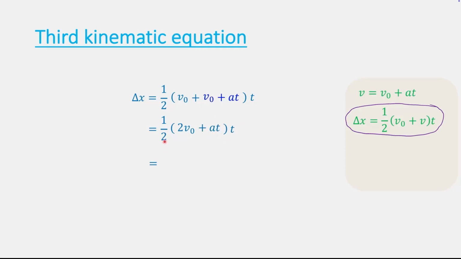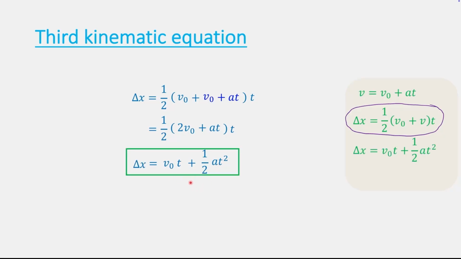Remove the parentheses using the distributive property. 1 over 2 times 2v0 times t is v0t, plus 1 over 2 times at times t is 1 over 2 a t squared. This is the third kinematic equation.